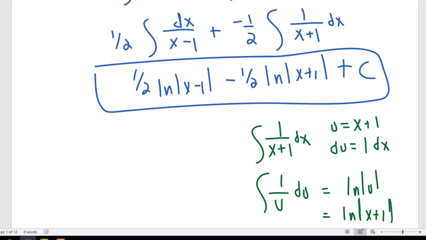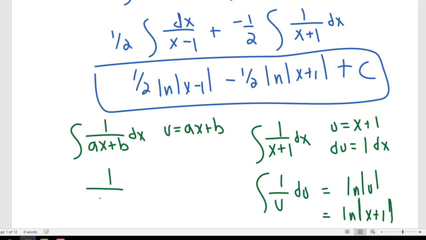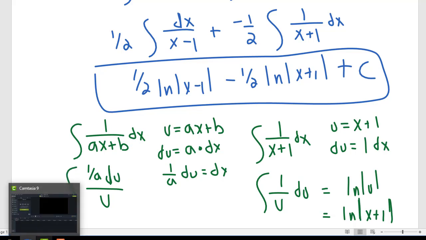I do want to caution you on that. Technically, if I have 1 over, let's call it ax plus b that I'm integrating, and I'm going to do a u sub for the denominator, I'm going to get 1 over u. And then I'm going to have the du being the coefficient of the x times dx. So the dx is 1 over a du. That's my dx term. So I want to be a little careful.